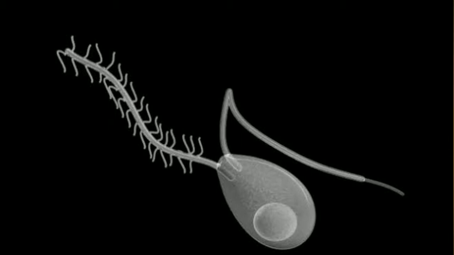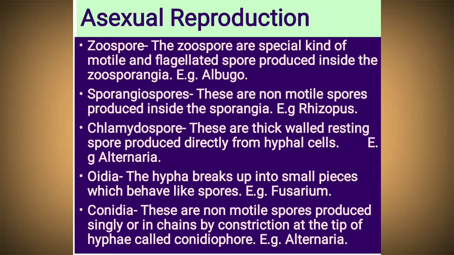That means they have flagella, the locomotory organ through which they can swim in the aquatic habitat for proper dispersal. Generally, these zoospores are without a cell wall. The formation of zoospores is found in a species of fungi, that is Albugo.